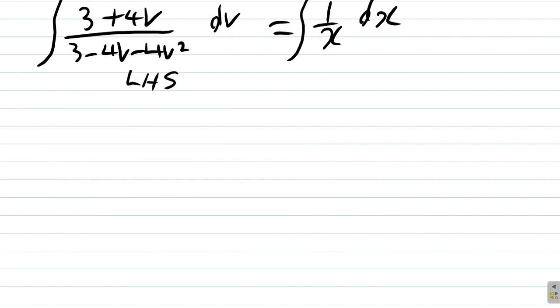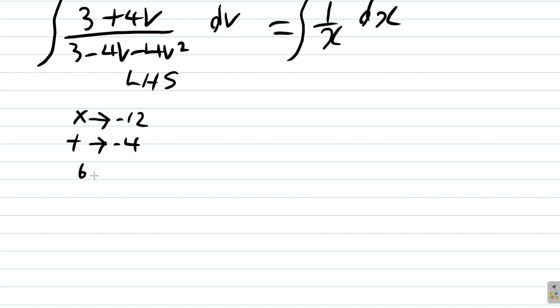So on the left hand side, can we factorize this? 3 by negative 4 is negative 12. Think of two numbers that, if you multiply them, you get negative 12, and if you add them, you get negative 4.